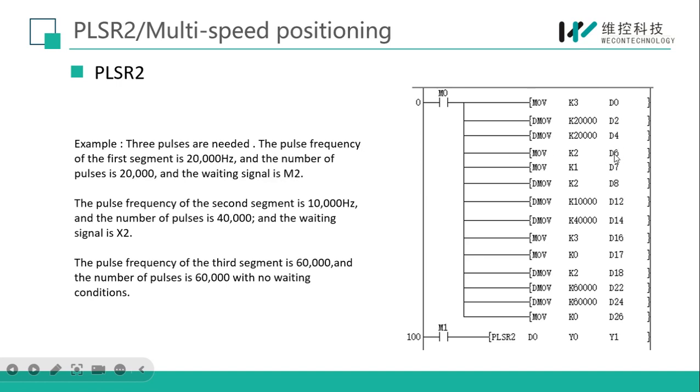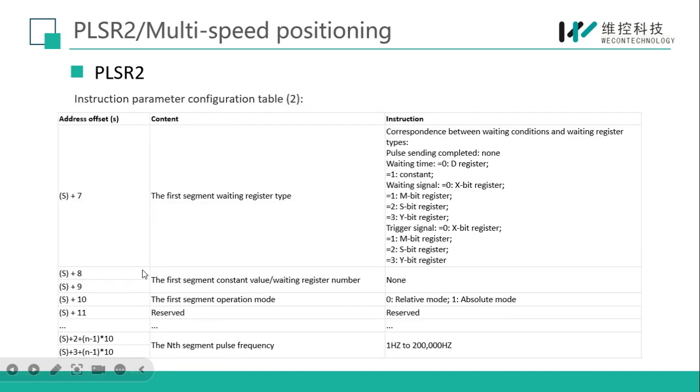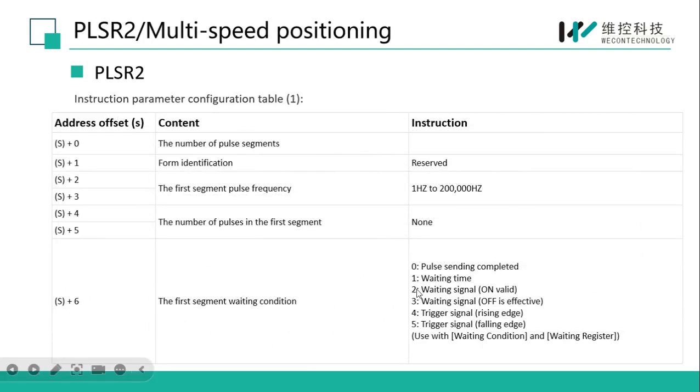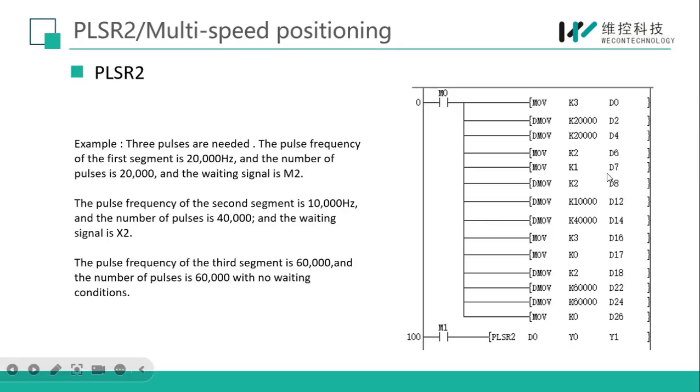Here we set D6 as 2. We can go back to check. 2 means we wait for a signal when it is on, and then we can check which register we choose.